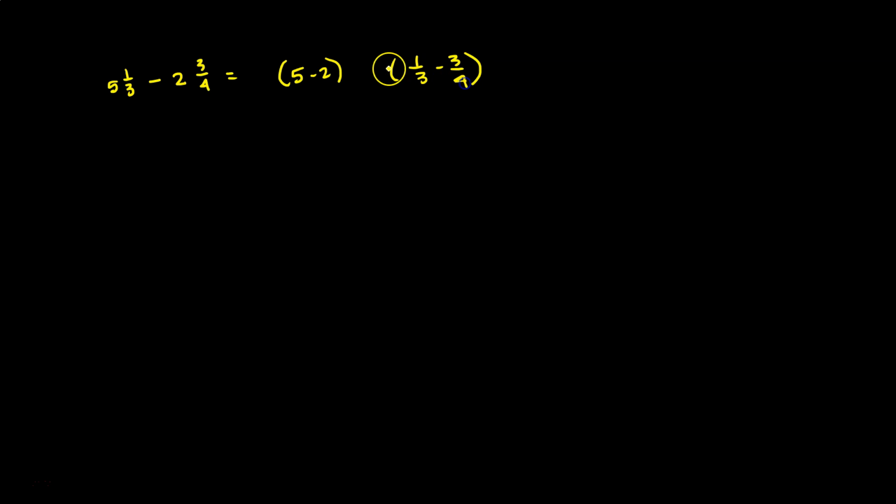If we do that, be very careful of what happens here. 5 minus 2 is 3, not a big deal. 1/3 minus 3/4 would become 4 minus 9 over 12. And now that we understand negative numbers, we know that 4 minus 9 is equal to -5. So if our whole number is positive, but our fraction is negative, we're a bit in trouble.